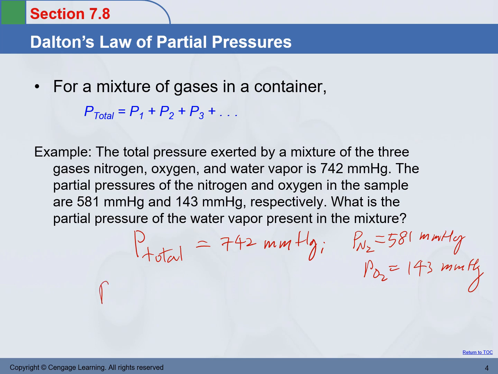Therefore, P total equals P nitrogen plus P oxygen plus P water vapor.